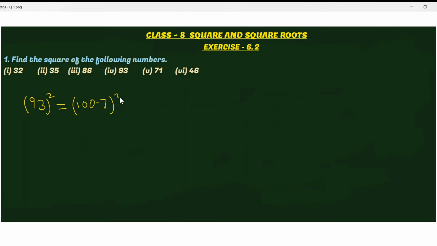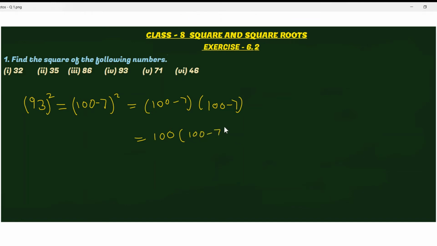So the whole square, what we will do? 100 minus 7 whole square, that is 100 minus 7 two times. Then we write the first term of the first binomial and the second binomial as it is.